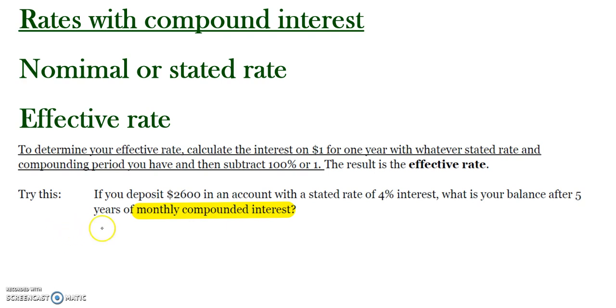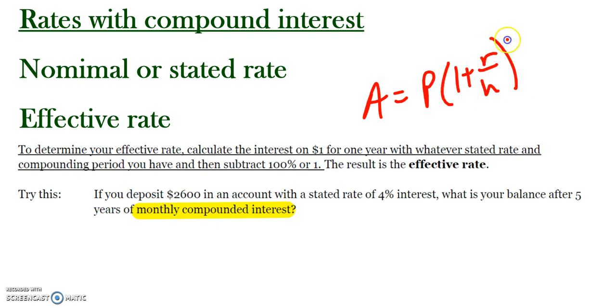So let's go ahead and write that down. A equals P times quantity 1 plus r over n raised to the nt. So what do we know? We know $2,600. That is what we call the principal amount. It's our starting amount.